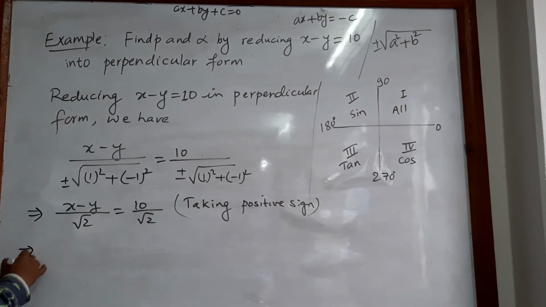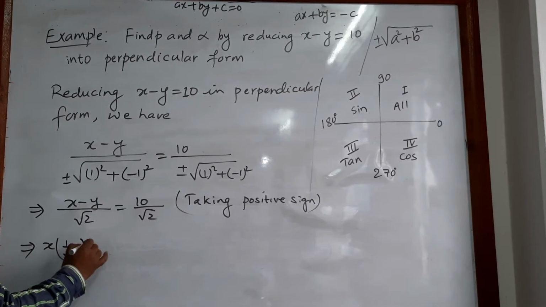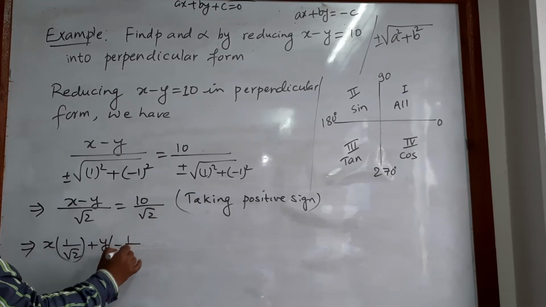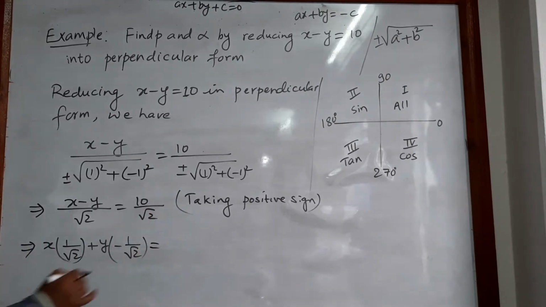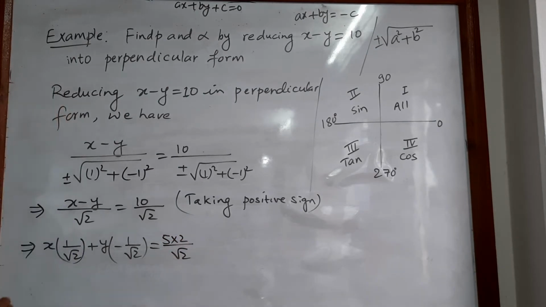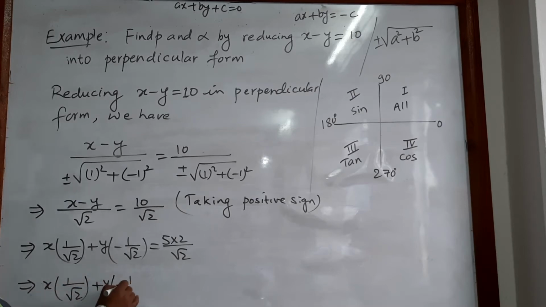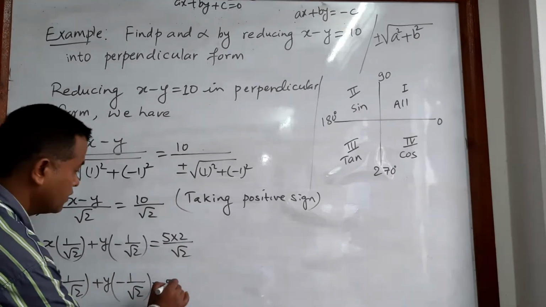Now this implies x times 1 over root 2 plus y times minus 1 over root 2 equals to 10 over root 2, which we can write as 5 times 2 over root 2. This implies x times 1 over root 2 plus y times minus 1 over root 2 equals to 5 root 2, since the root 2 divides 2 root 2 times.